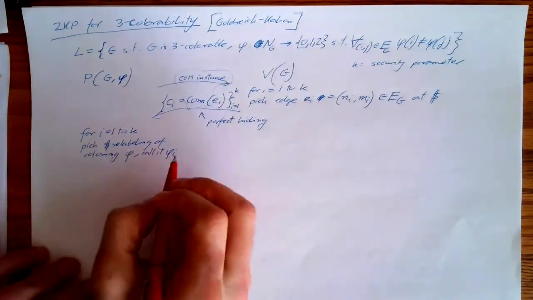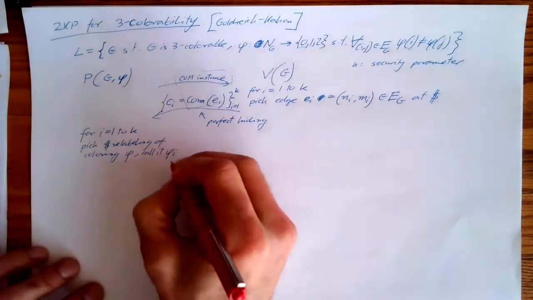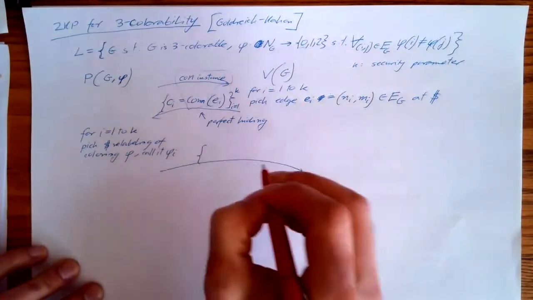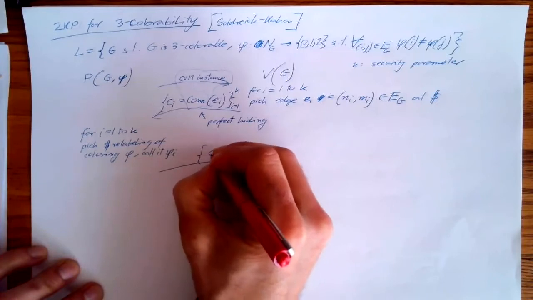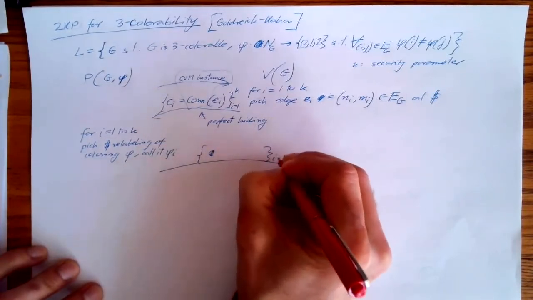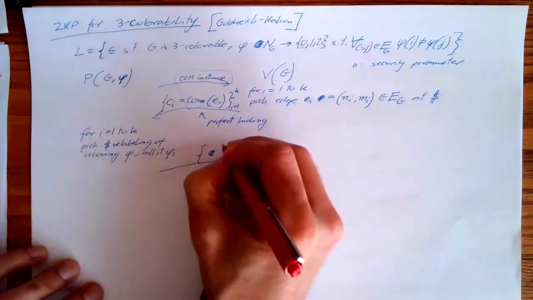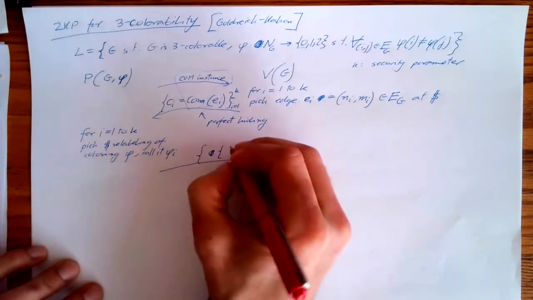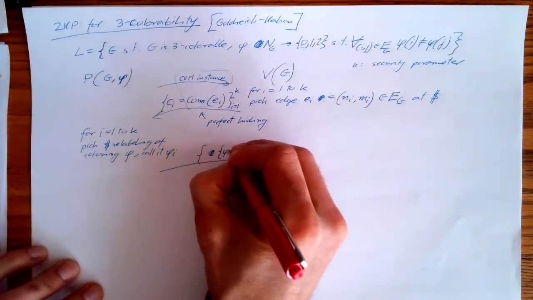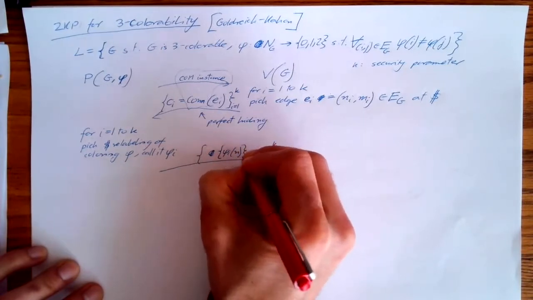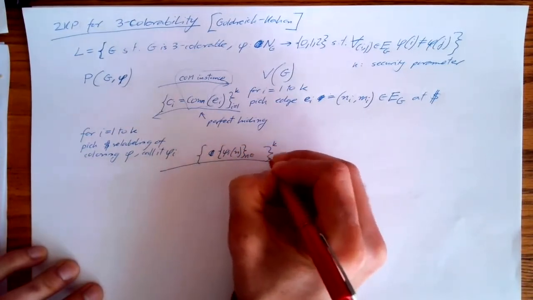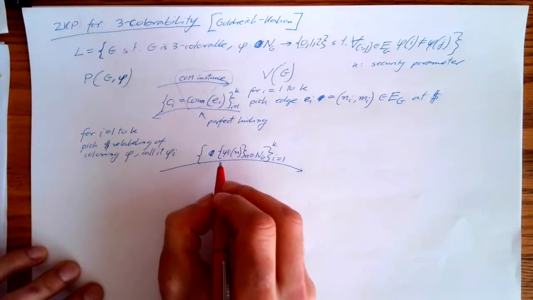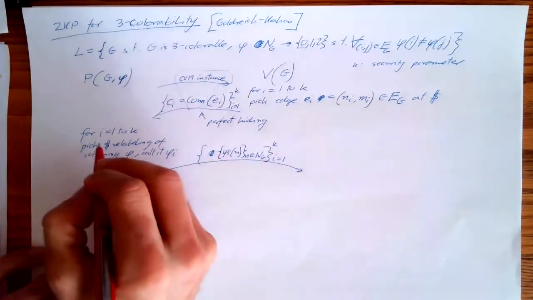Okay, and what he will send here is the set of commitments. For all i from 1 to k, he will send commitments to phi_i of n for every n in the set of nodes of the graph. He does it k times.